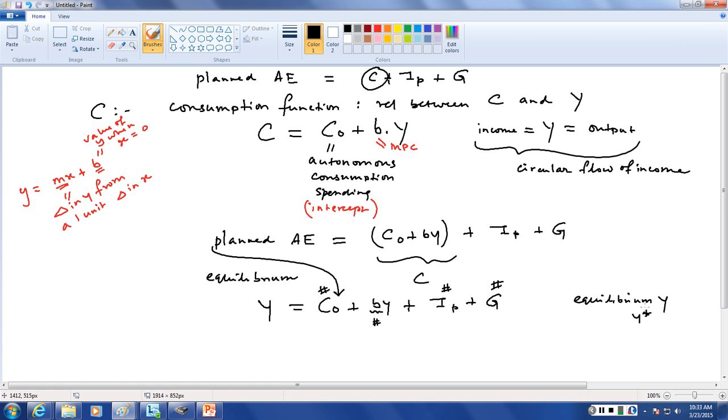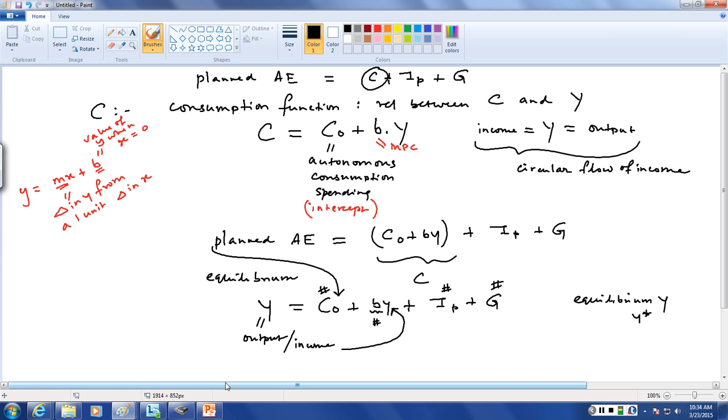So what are we trying to do here again? We have this condition for equilibrium, which is to say that what the three shoppers plan to buy is exactly what the economy, in a sense, produces. Right? And this is not going to be true for any Y, because you must remember that this is the output of the economy, but it is also the income of households. So let's say the economy produces a certain level of output, which is also income. Where does that income go? That income goes here.